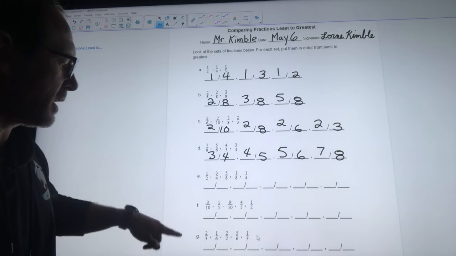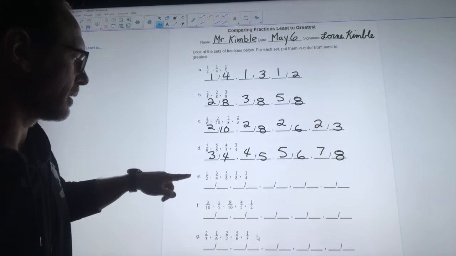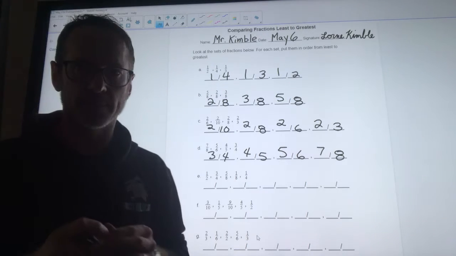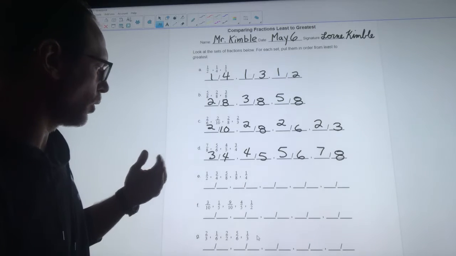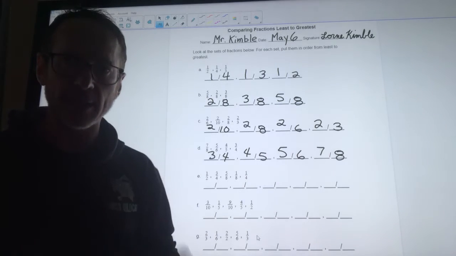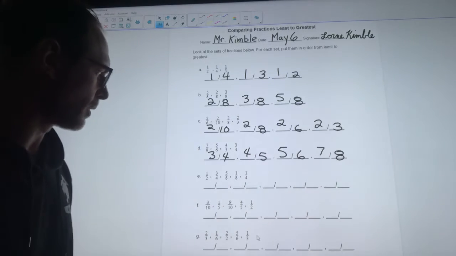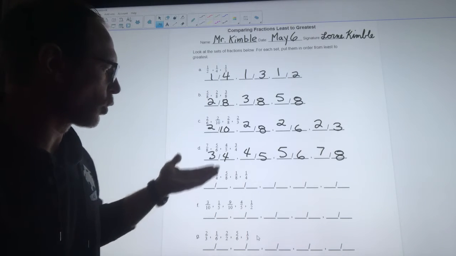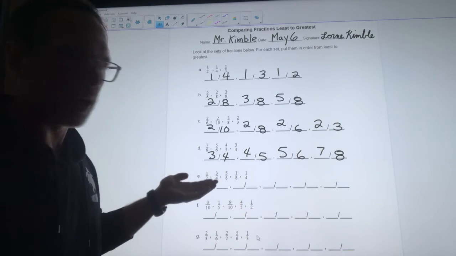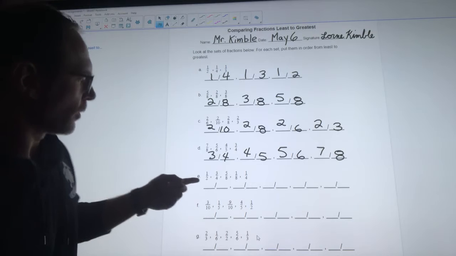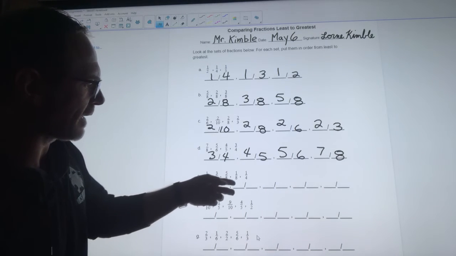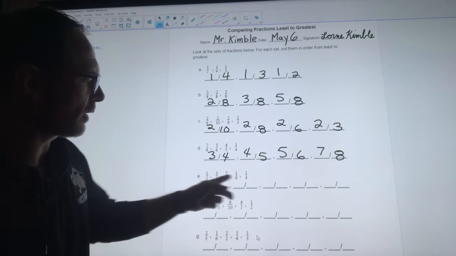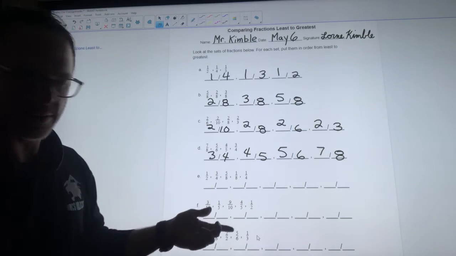For E, F, and G, I want you to use the knowledge you've learned about equivalent fractions in order to find these, unless you're going to use your fraction strips, which is okay too. But if we look at equivalent fractions, it can make it a lot easier for us. So if we think 1/2, 3/4, 5/8, 1/8, and 1/4, what if we made them all 8s?